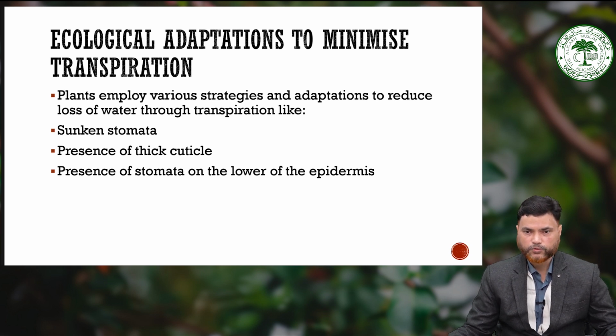In addition to this, such plants have modified special water storage capacity, root structure, and generally carry out C4 photosynthesis. So these are the measures adapted by the plant to minimize loss of water through the process of transpiration.